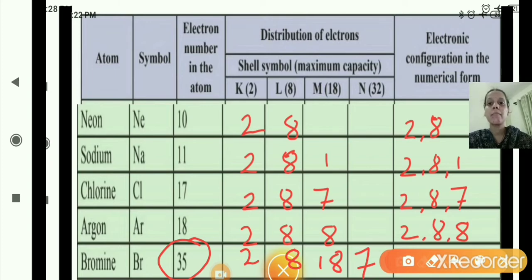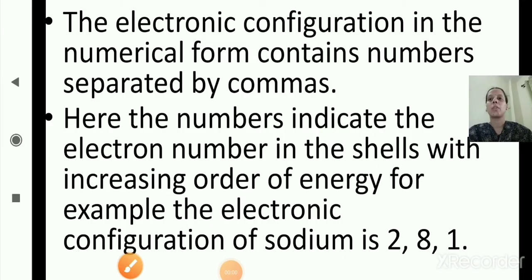Now the next one is, okay, the electronic configuration in the numerical form contains numbers separated by commas. So just now we have seen in the table the last column, that is electronic configuration in the numerical form. So while writing the electronic configuration in the numerical form, we are putting commas in between the numbers.